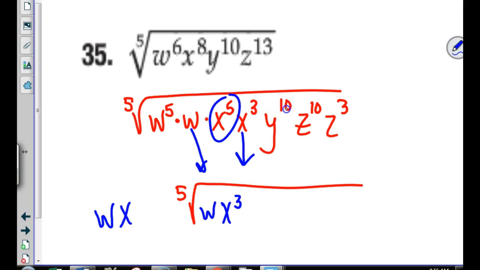Divide this by 5 and I get y squared. And yep, no y's left over. The z to the 10th divides by 5 and I get a z squared. And these 3 are left over. That's just disgusting.